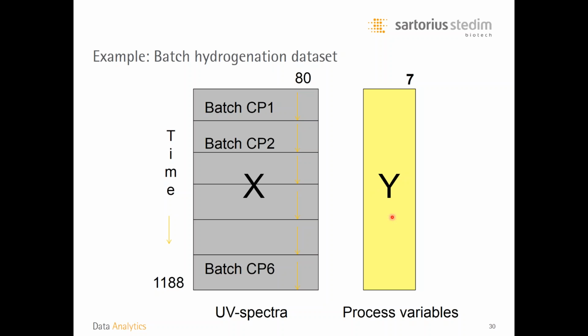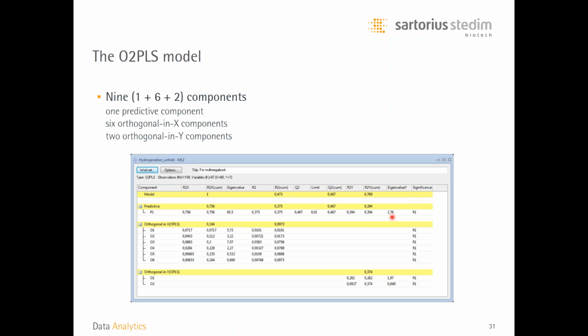When we apply OPLS to this data set, a model with 9 components results. It is, using the notation of the Simca software, a 1 + 6 + 2 component model. The first number here, the 1, means we have 1 single predictive component. 6 means we have 6 orthogonal in X components, and we have 2 orthogonal in Y components.